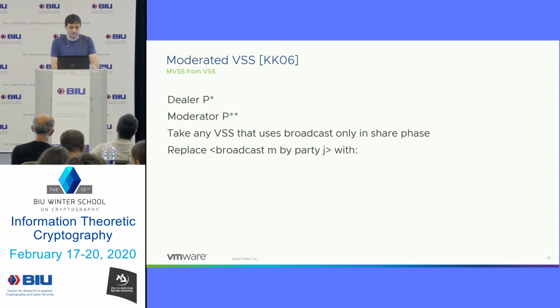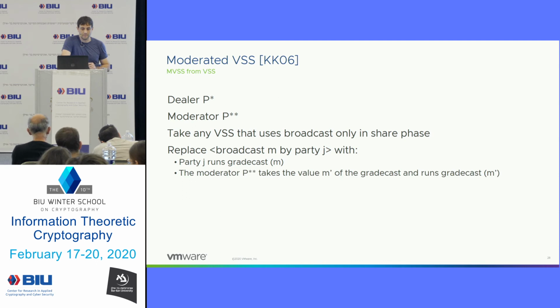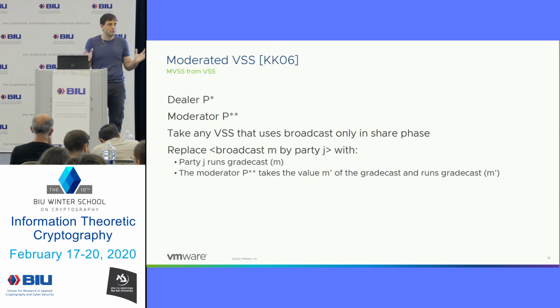And so for a broadcast of a message M by party J, party J runs gradecast with this message M. And then the moderator waits to receive information from this gradecast. And let's say that it received the value M prime. And what the moderator does is it runs gradecast on M prime. So the sender J does its gradecast, and the moderator, think about it as like an auditor, takes whatever it heard from J, from the result of this gradecast, and it gradecasts M prime itself.